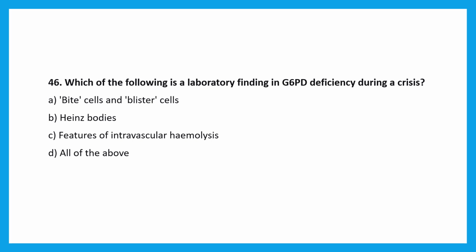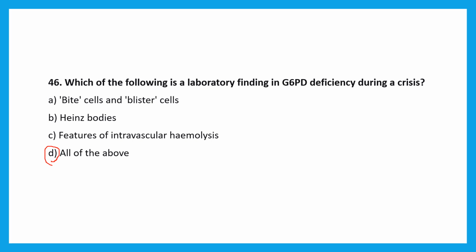So they are actually there during a hemolytic crisis. Then Heinz bodies themselves, these are denatured hemoglobin. On special stain, you're able to see this. Intravascular hemolysis, that's where there is hemoglobinemia and hemoglobinuria, which can actually be present. So all of the above are laboratory findings in G6PD deficiency during a crisis.